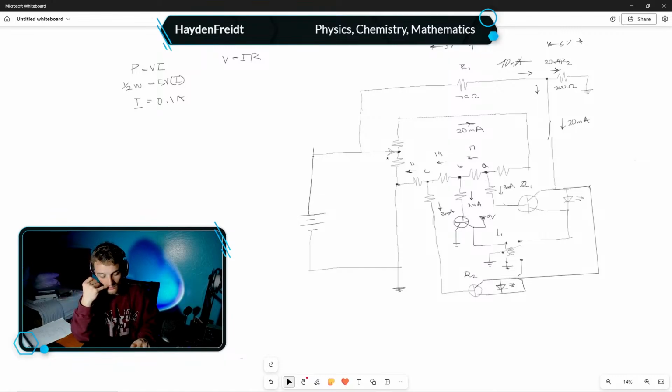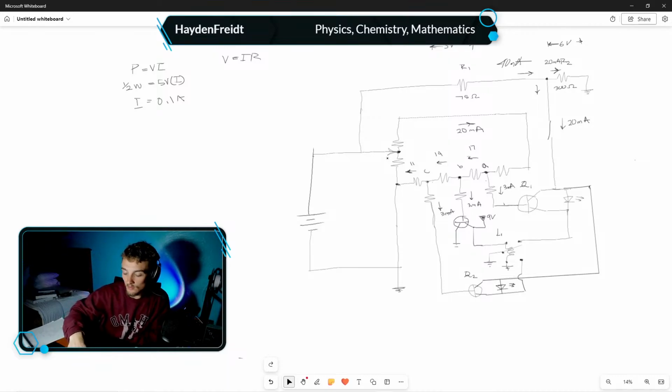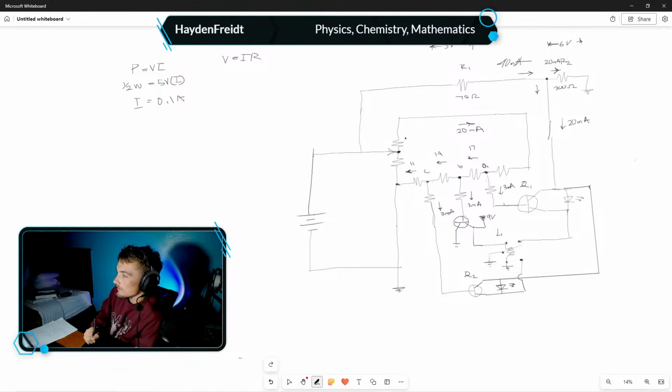So at its highest resistance, at 90 ohms, it's going to have a 1.8 voltage drop across it. 1.8, 1.8, 1.8, 1.8.